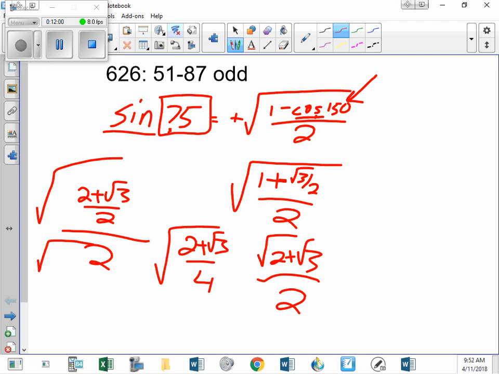So this sign there is determined by this. And then this one will carry its own sign also, but that just influences the inside, not the outside.